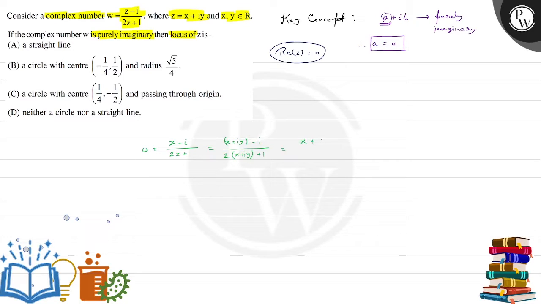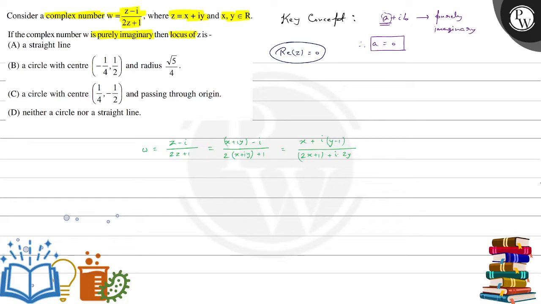This equals x plus iota times (y minus 1) divided by (2x plus 1) plus iota times 2y, because you can see that the real and imaginary parts need to be separated.